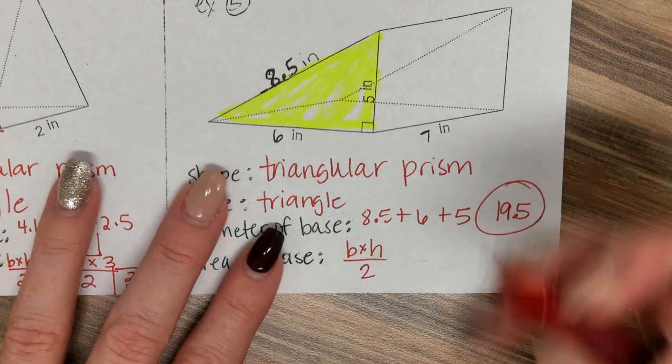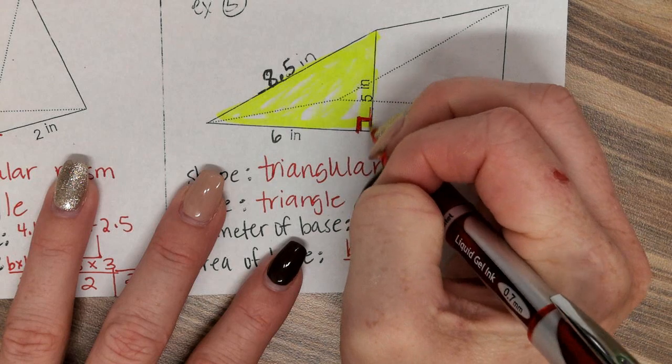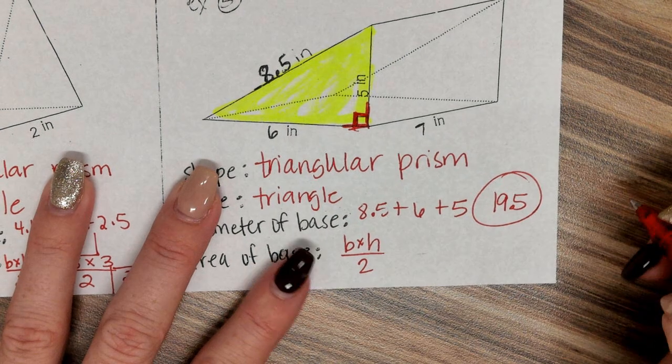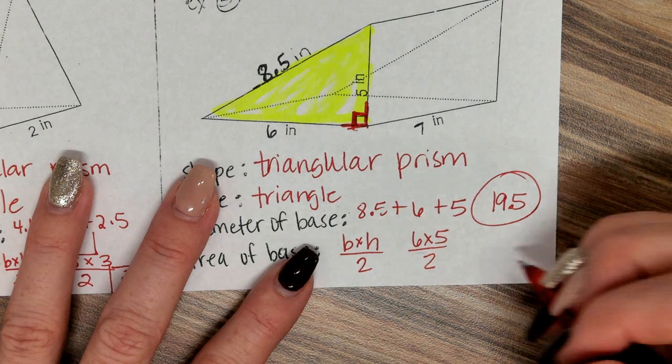All right, what were the 2 numbers that made up this right angle? 6 and 5. So 6 times 5 divided by 2, which is 15.